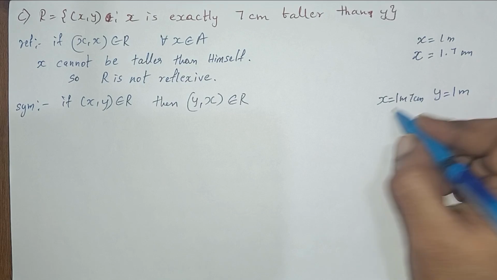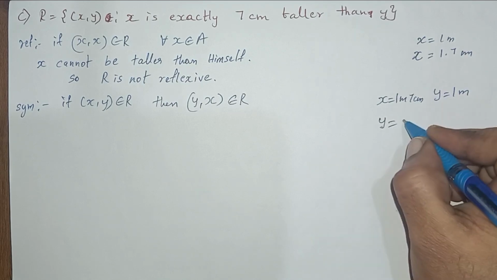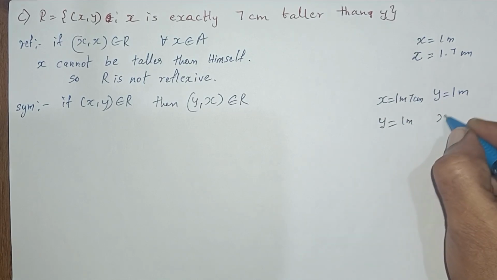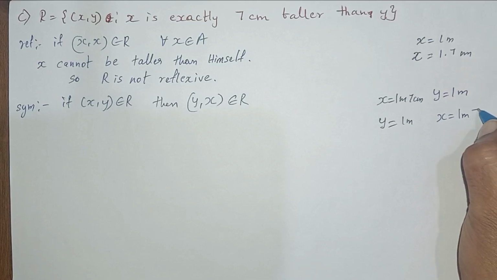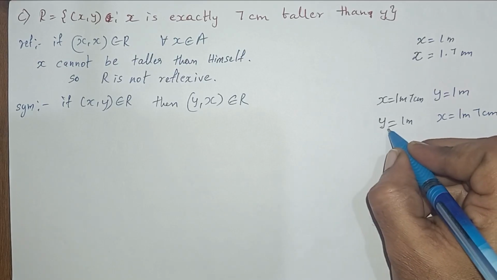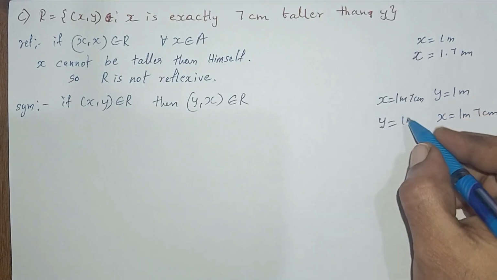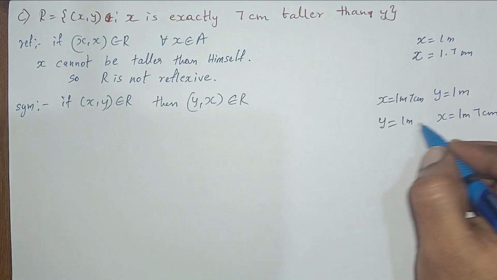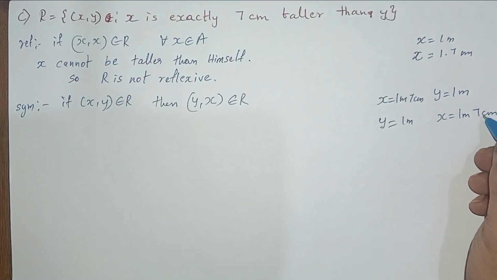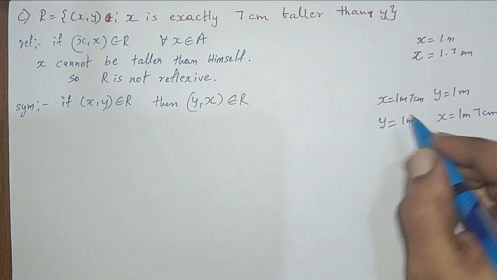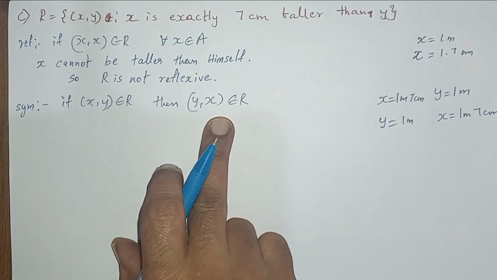If we reverse it, y would be 7 centimeters shorter than x, it cannot be taller than x.